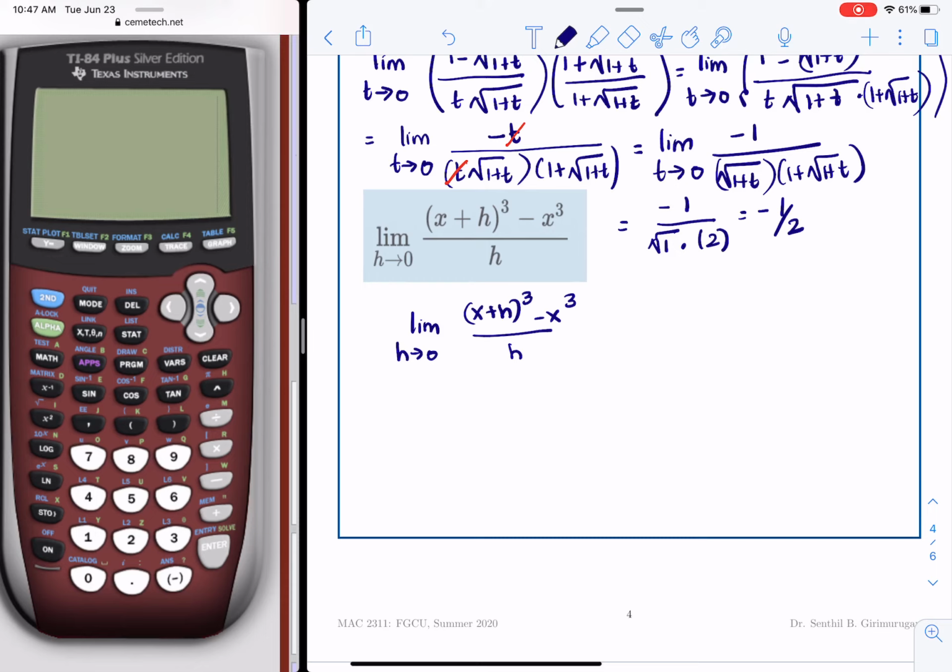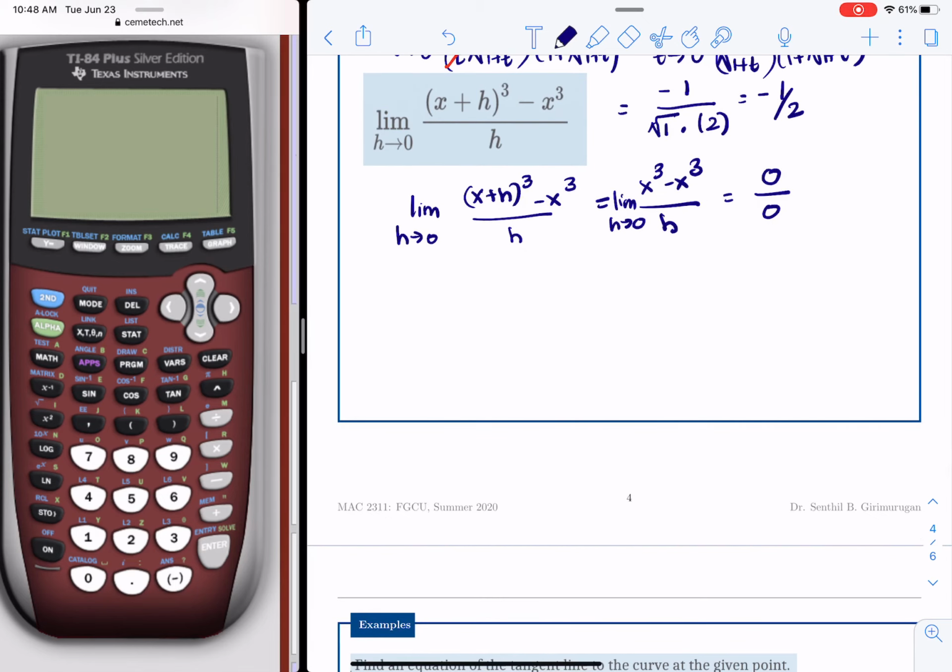So you would end up getting x cubed minus x cubed divided by h, and x cubed minus x cubed is 0. The limit for h is 0. So 0 over 0, it is an indeterminate form. So don't just put the answer as 0. So what can we do algebraically to avoid this problem of getting an indeterminate form?